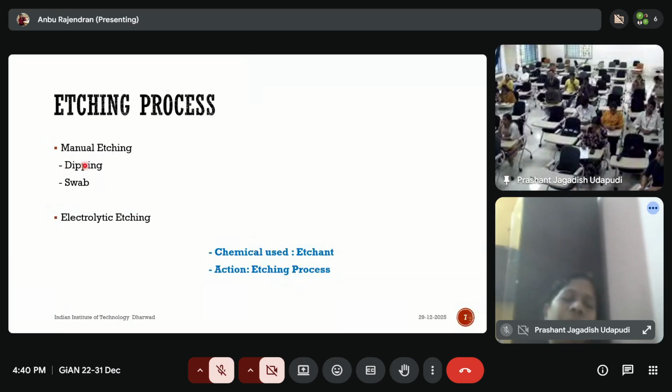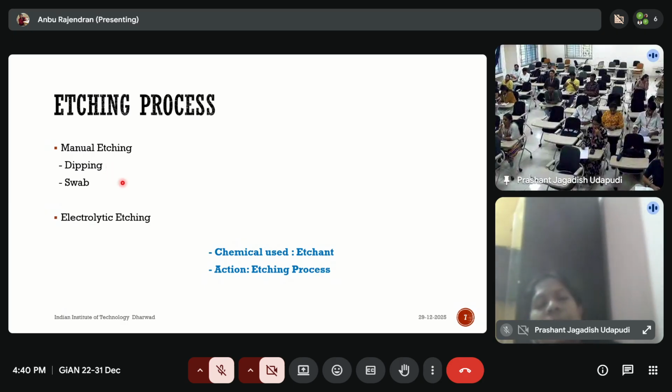Apart from manual etching, there is electrolytic etching, where you pass current to enable the reaction in a better way. Some samples with high corrosion resistance may be difficult to etch manually, because the chemical won't react, or the reaction won't be severe. We need a somewhat severe reaction to etch the features selectively.